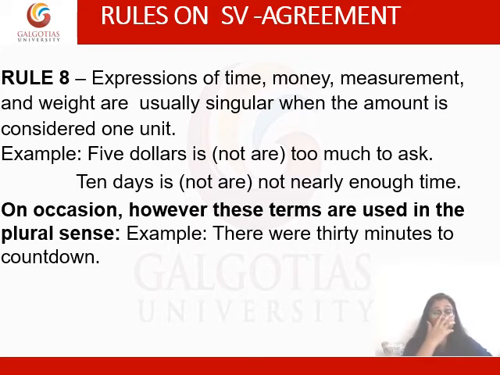For example, $5 is too much to ask. Here, $5 is considered as one unit, not five different dollars. $5 together as one unit. So we are saying $5 is too much to ask, and that is why the verb here is is.